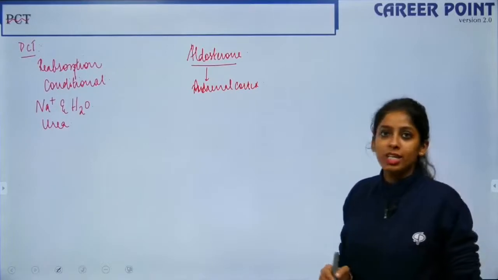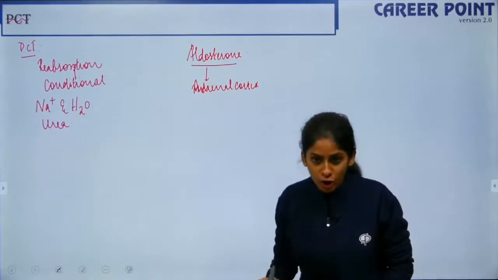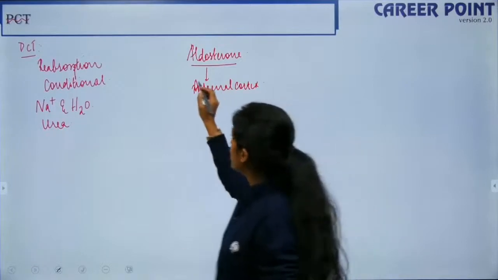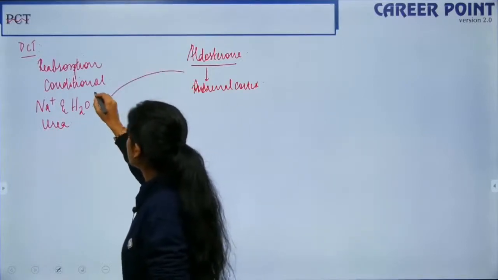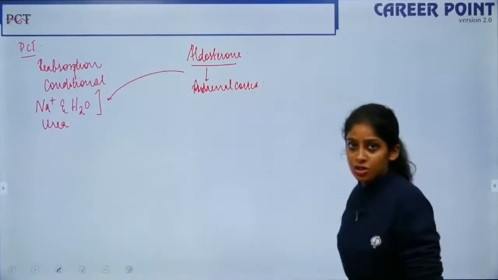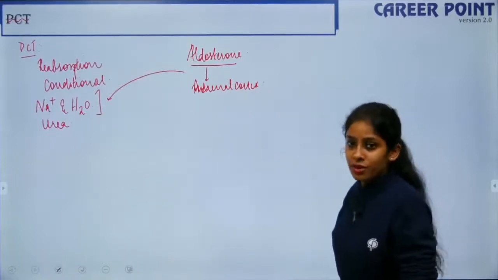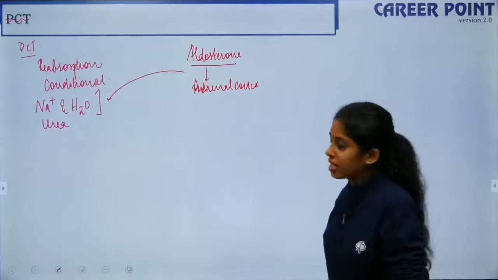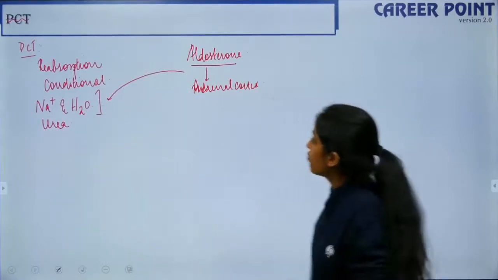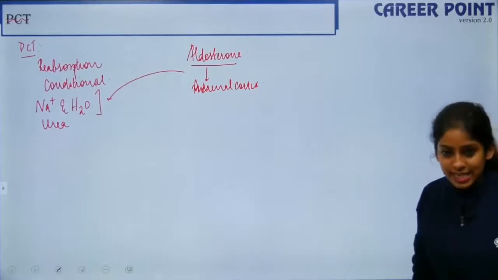So adrenal cortex produces mineralocorticoids. One among them is aldosterone. So this causes the reabsorption of Na plus and water. So if your aldosterone is not there, then it becomes difficult because that helps in reabsorption.